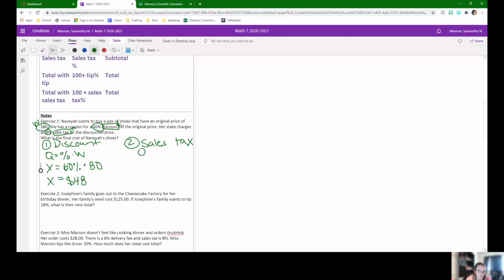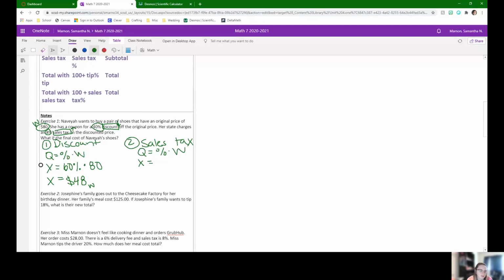For the sales tax, we're going to do quantity equals percent times whole. But now our whole is different. We're going to do it not on this original price. Now we're going to use this $48 as our whole. This is going to be the amount that we're doing the sales tax on. Let's do this one the lazy math way, where I'm going to get the total with tax by doing 100 plus the sales tax percent. So my quantity is going to end up being my mystery number. It's going to tell me the total price of the shoes all in one step.